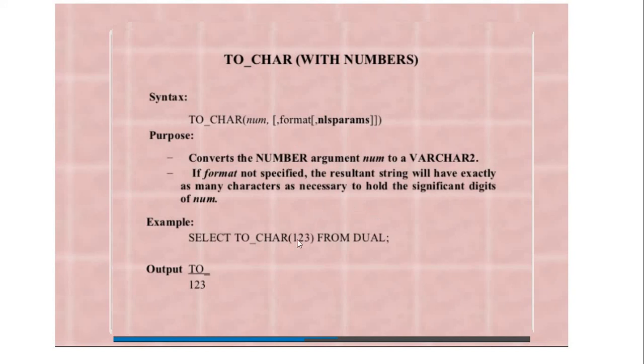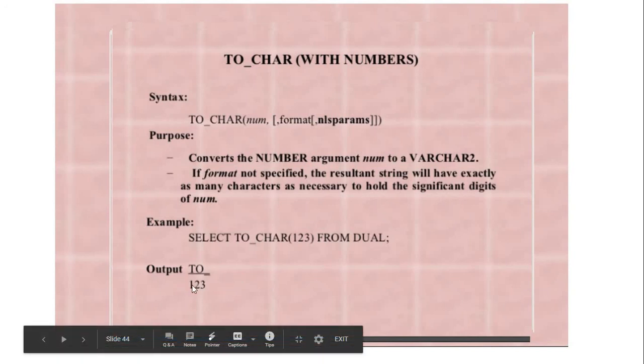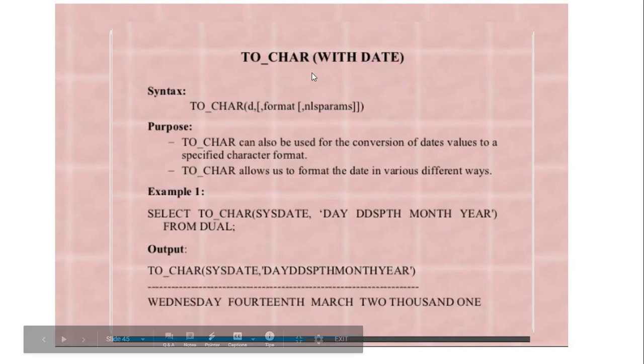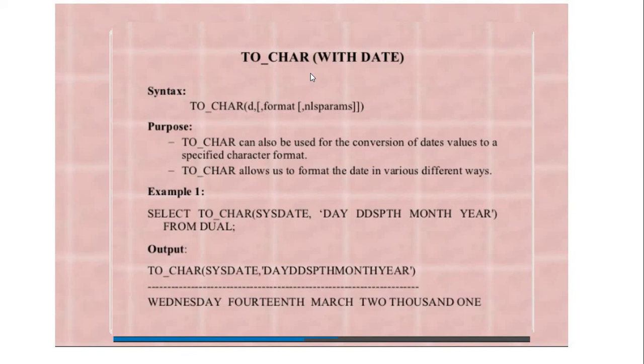Sometimes we may be interested in doing the conversion from number to characters. Like here, this is a number given to us, and we want to convert it into a string, so it will be converted as a string. We may also apply the toChar function with the date.